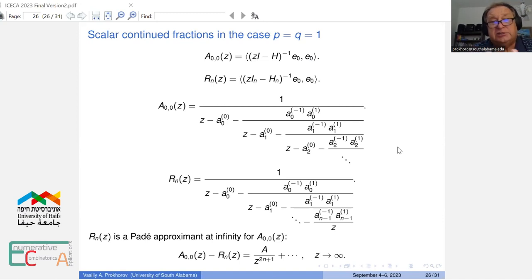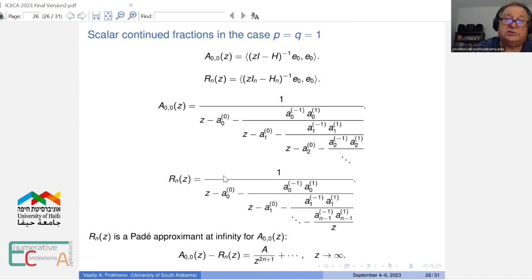This slide is important because it explains the extremal properties of continued fractions, and we have similar properties for matrix continued fractions. So this is the generating series. This is the resolvent for the principal truncation.